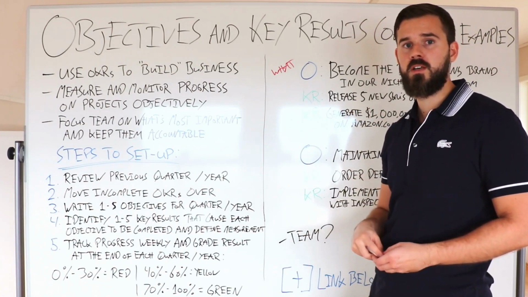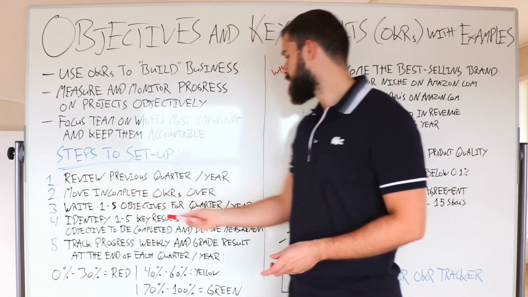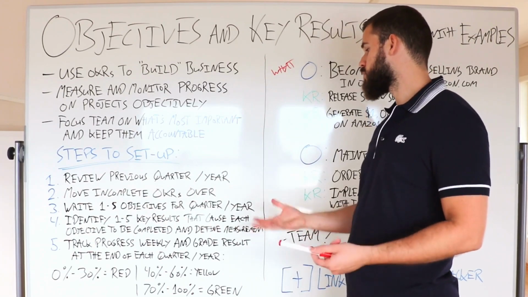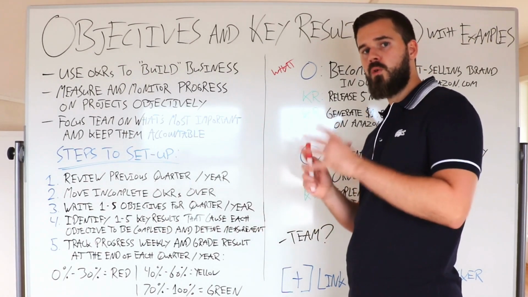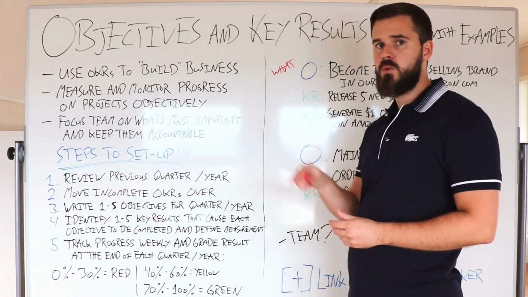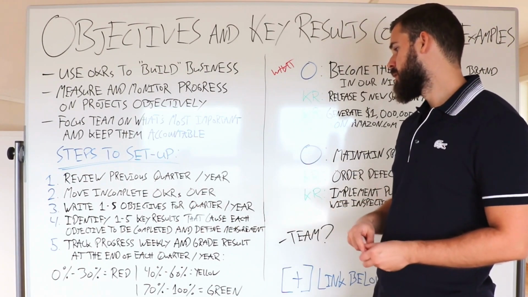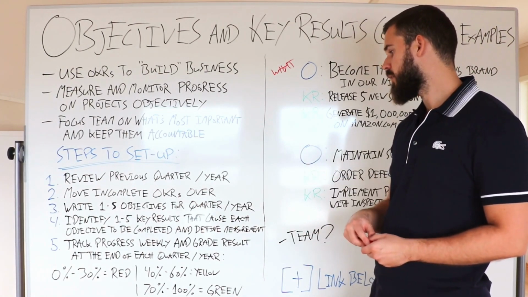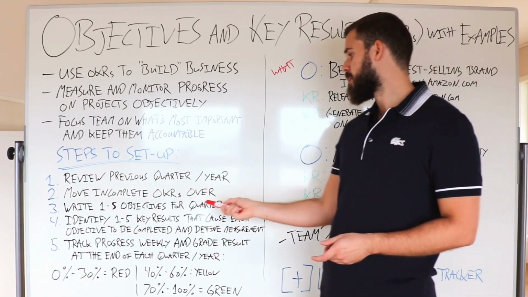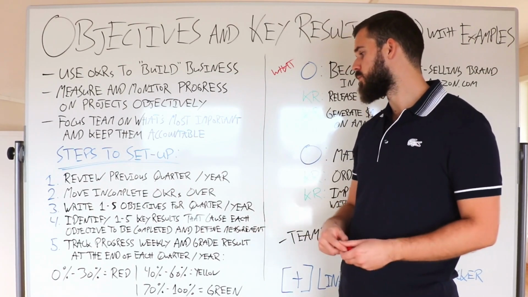It's that important here. But then you need to understand and identify what are the key results that you need to accomplish. So now we get more granular, more data driven. What are the key results that have to happen for us to actually complete the objective? The way you do this is that it depends on the objective how many key results you need, but it should be 1 to 5.